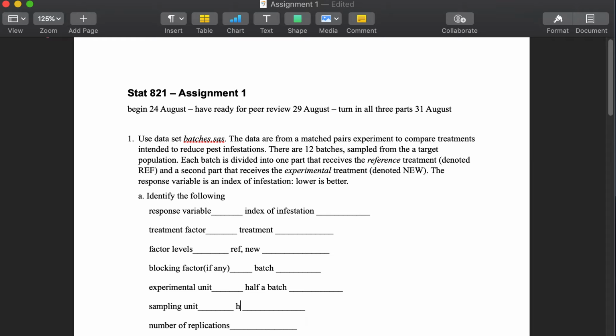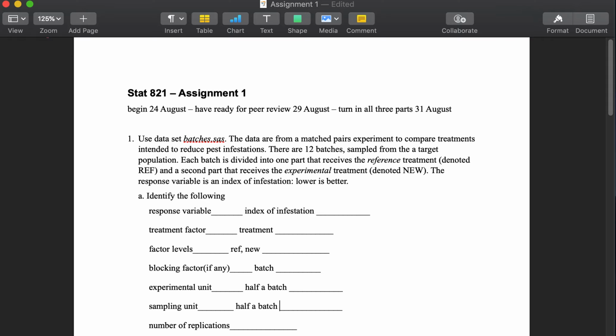The sampling unit in this example will also be half a batch. A sampling unit is the smallest unit that we take measurements on. In the case of our strawberries, again, if we're looking for the largest or heaviest strawberries, the sampling unit would be 1 strawberry.